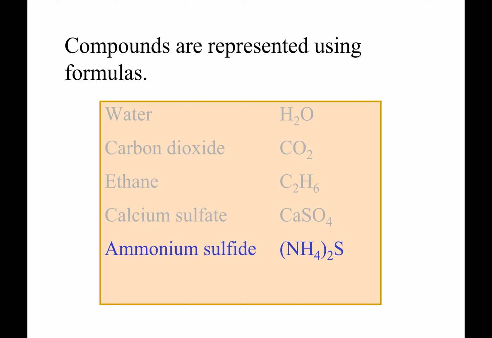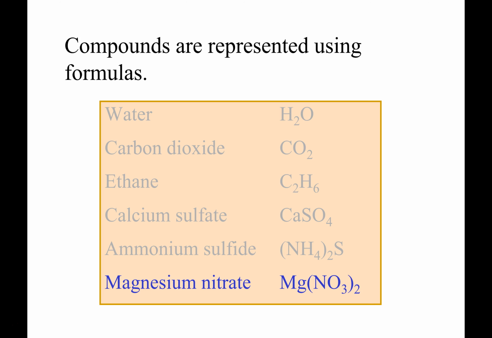So here's one NH4 group, and here's one NH4 group, where all of those dashes are chemical bonds. Let's see, how many atoms do we have? We have 5 atoms in each group, 2 of those, so that's 10 atoms plus 1 atom. Those 11 atoms are stuck together with those dashes.